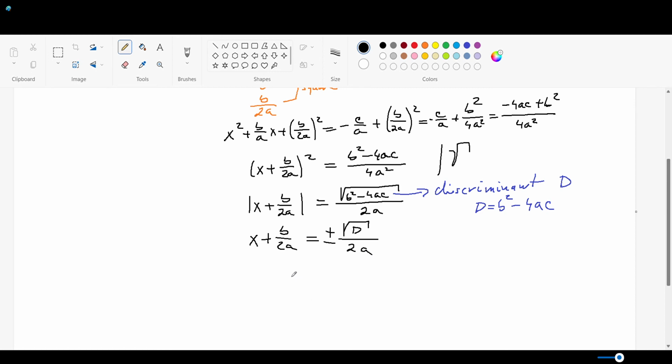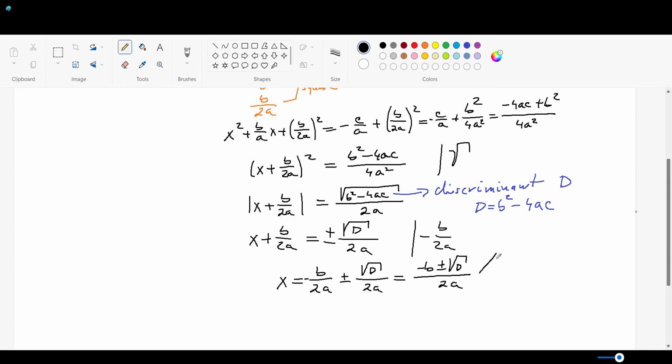So to calculate my x, I will take away b over 2a from both sides, so my x equals negative b over 2a plus minus square root of discriminant divided by 2a. And I can simplify this expression so that it becomes negative b plus minus square root of discriminant over 2a.